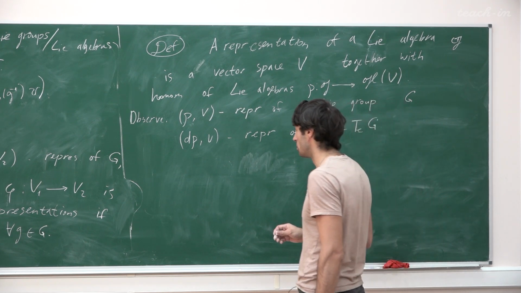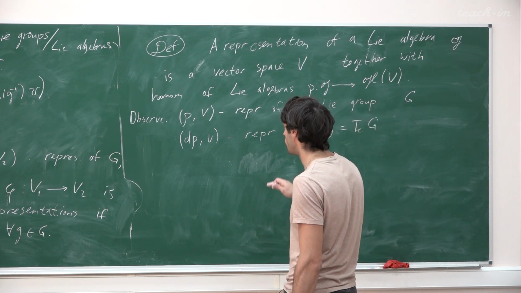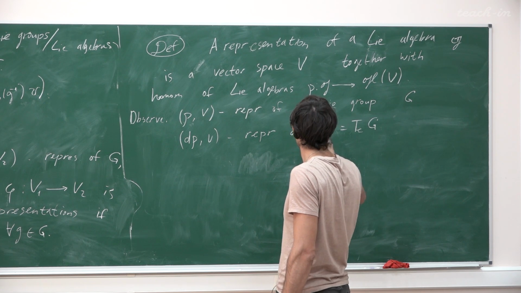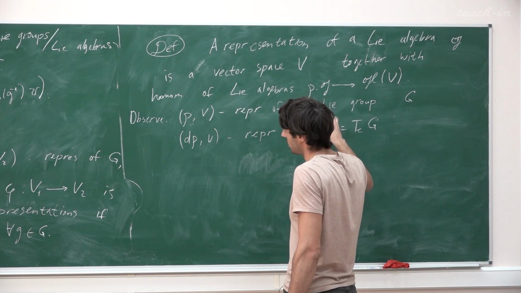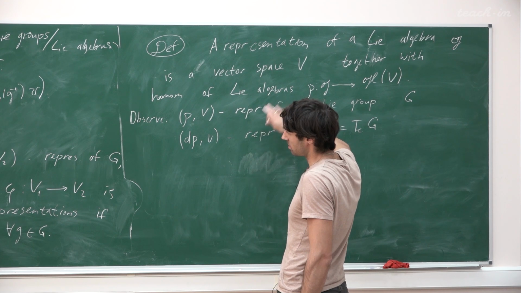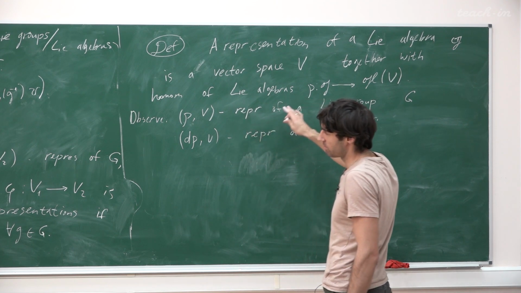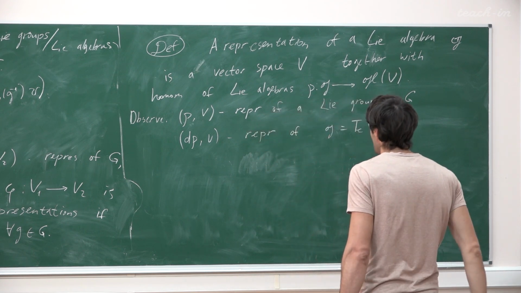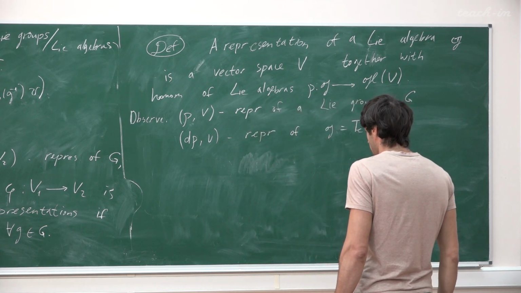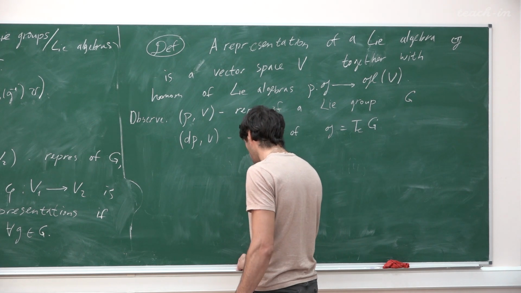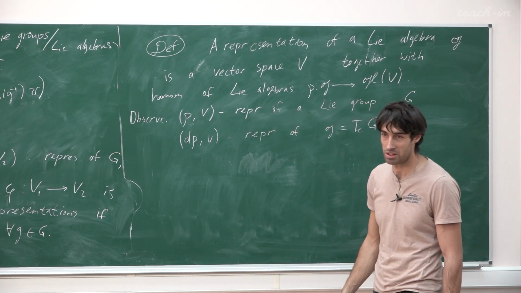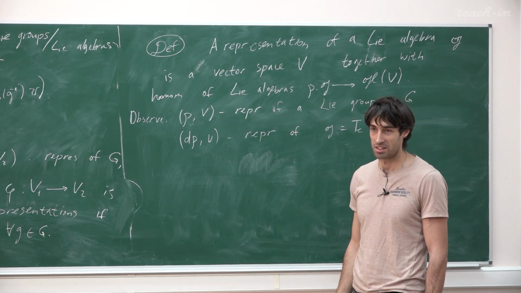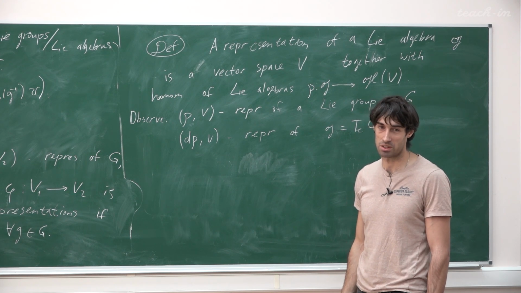So all finite dimensional representations of Lie algebras come from representations of Lie groups and the other way around. What about infinite dimensional representations? Some examples of infinite dimensional representations.